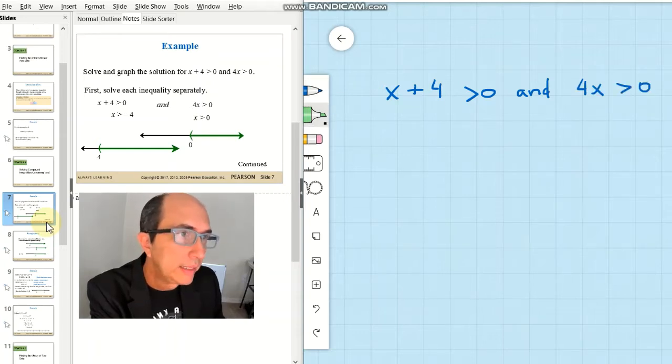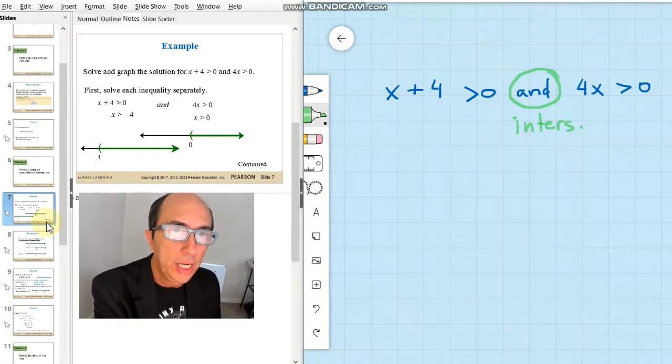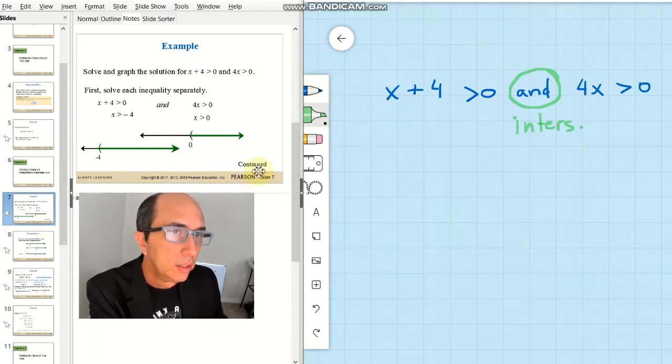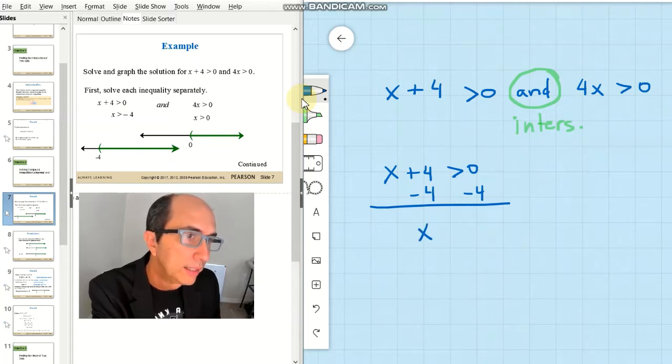Remember that this word here, and, means intersection, right? The first thing, we're going to solve each inequality separately. So x plus 4 greater than 0. Subtract 4 on both sides. Addition property of inequality. x greater than negative 4.